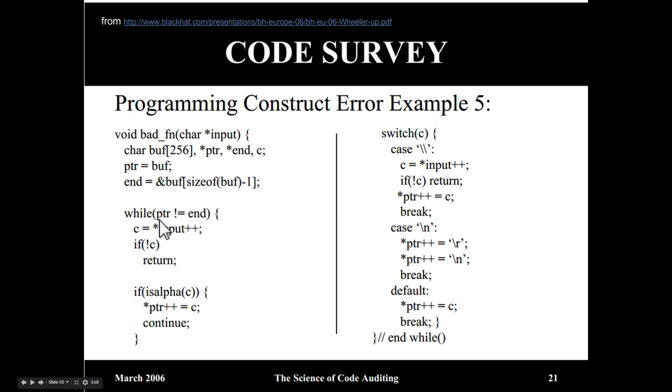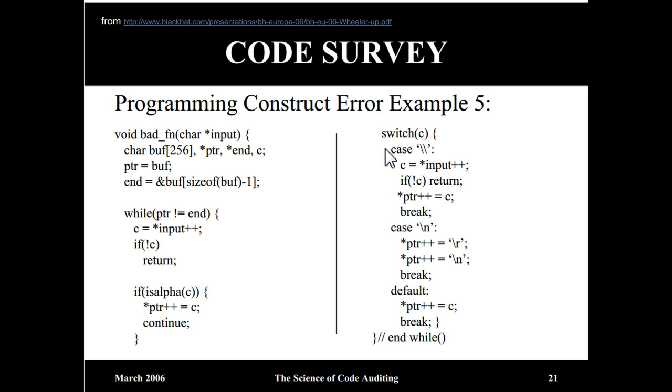What it does is it takes in input and checks to see if the input is characters, and then starts reading the input characters into the buffer using the character pointer ptr. And it's checking in the switch for special characters.